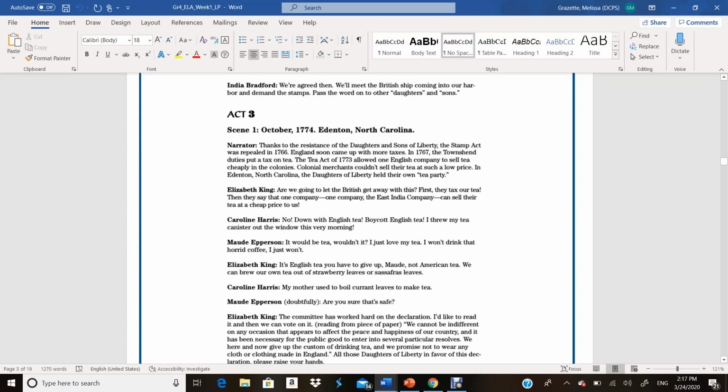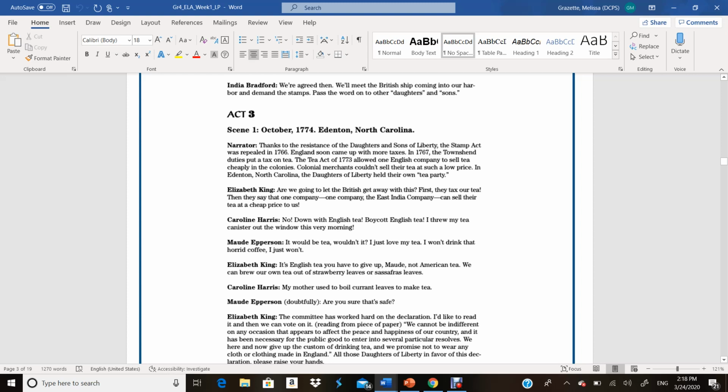In 1767, the Townshend duties put a tax on tea. The Tea Act of 1773 allowed one English company to sell tea cheaply in the colonies. Colonial merchants, or people that sell goods, couldn't sell their tea at such a low price. In Eddington, North Carolina, the Daughters of Liberty held their own tea party.